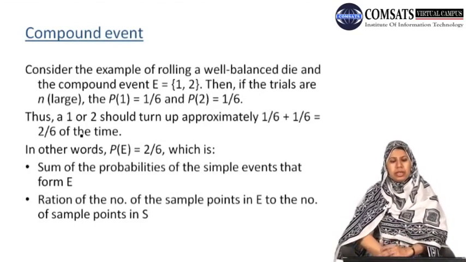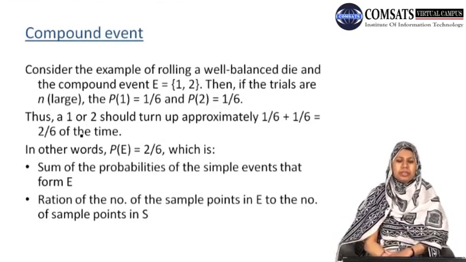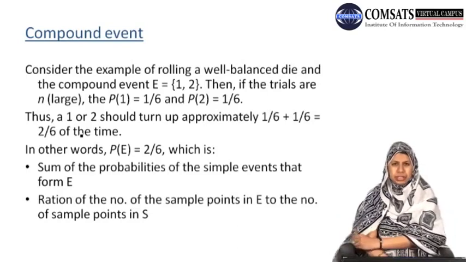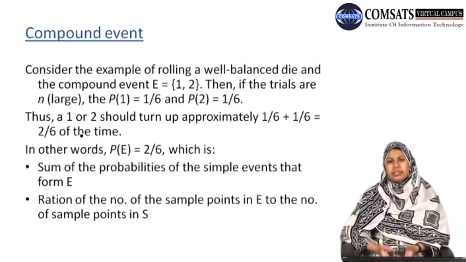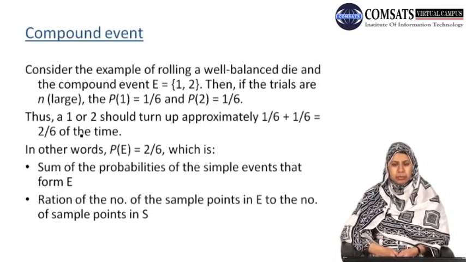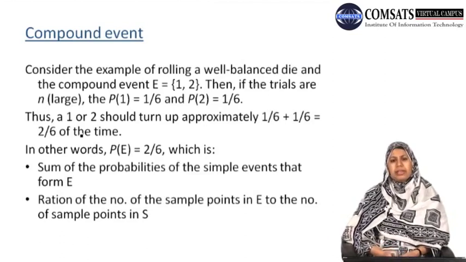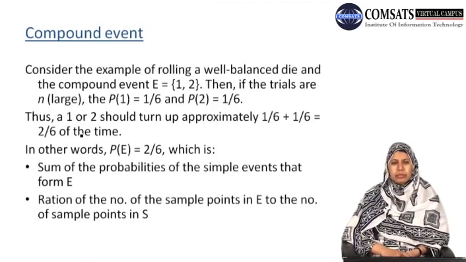Now we determine the probability of compound events, that is the events which have more than one sample point. We consider the example of rolling a well-balanced die and the compound event having 2 sample points or outcomes, 1 and 2.